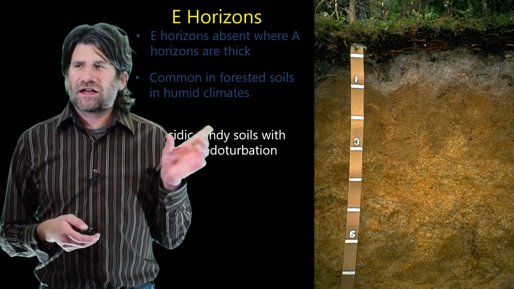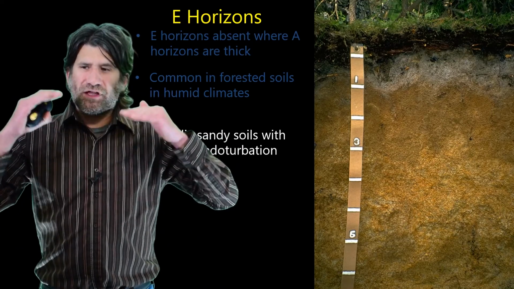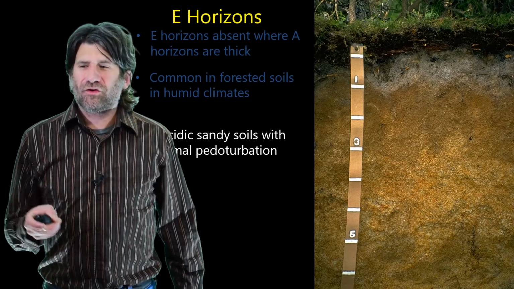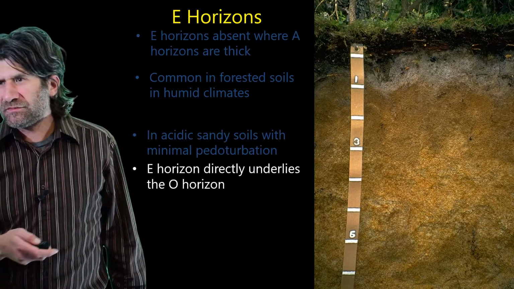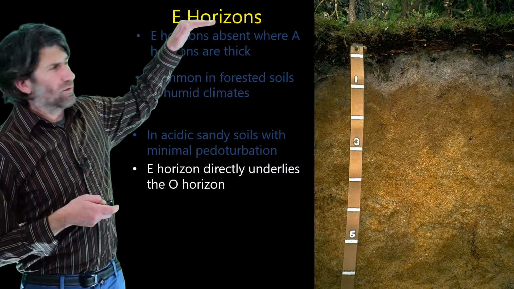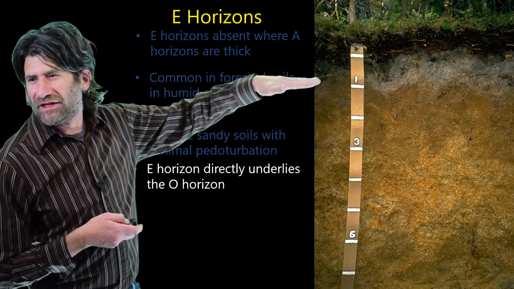To do this, you've got to have really acidic soils, and that's so you can move the organic material out of these. Take a soils class, and you can talk a little bit more about that in more detail. Okay, again, here's an E horizon directly beneath an O horizon.